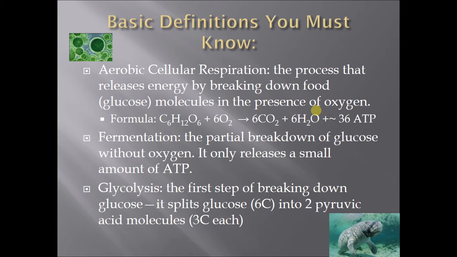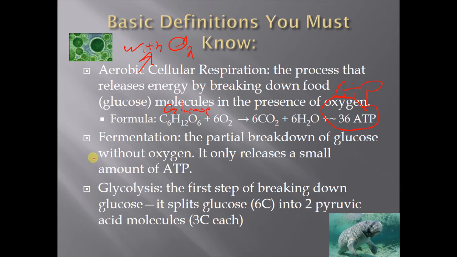The basics that we need to know is aerobic respiration. In the presence of oxygen, it releases energy by breaking down food. So we have glucose plus oxygen equals carbon dioxide plus water plus 36 molecules of ATP energy.